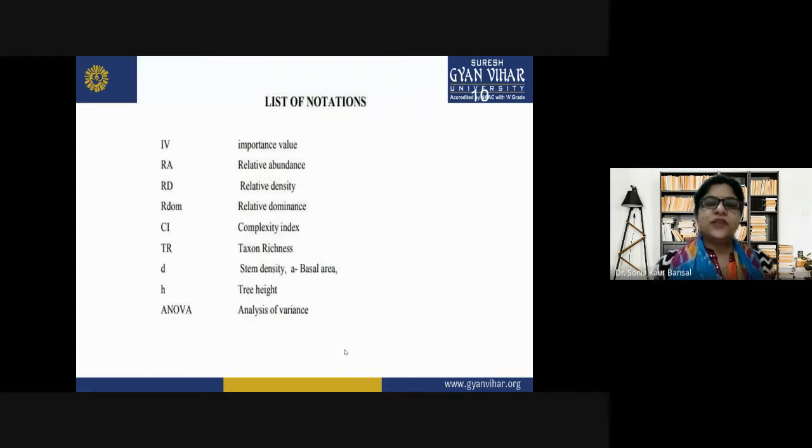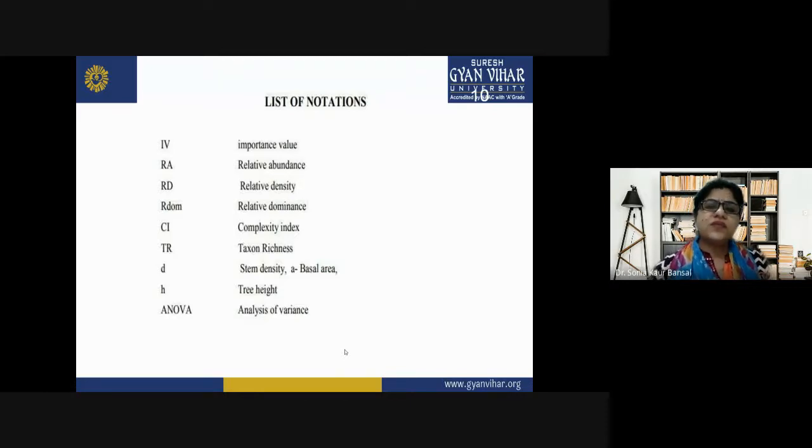Now the list of notations: how it is given, how even the smallest things are mentioned. Like importance value, relative abundance, how abbreviations are given, how relative density is mentioned, relative dominance, complexity index shown by CI, taxon richness shown by capital TR, D for stem density, basal area, H for tree height, then ANOVA, analysis of variance.